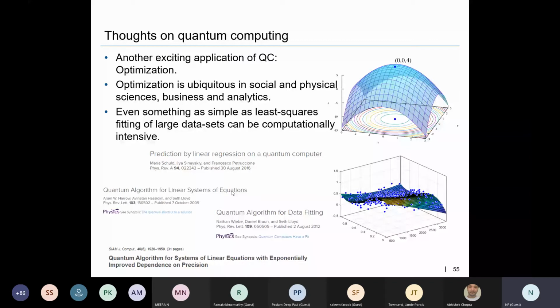And there's a lot of work being done in this area. Some of my work was in least squares fitting and optimization as well when I was doing Peridynamics, so I was quite excited to see that as well.